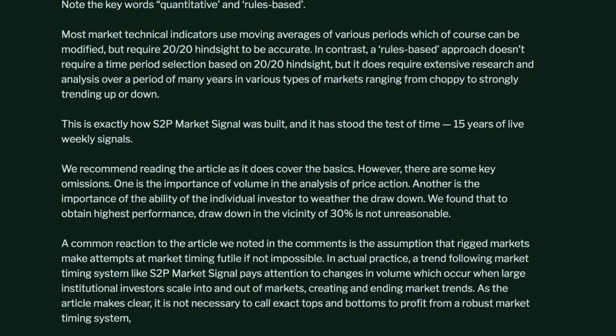In actual practice, a trend-following market timing system like S2P market signal pays attention to changes in volume which occur when large institutional investors scale into and out of markets, creating and ending market trends. As the article makes clear, it is not necessary to call exact tops and bottoms to profit from a robust market timing system.